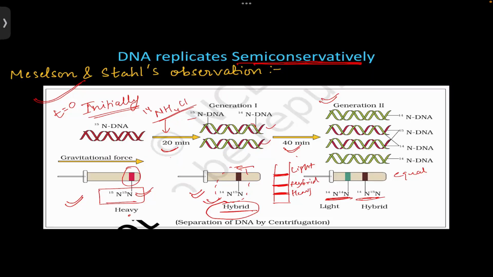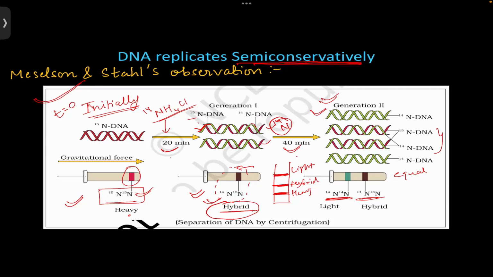If you imagine it, this green one is acting as a template, and since in the media there is still N14 isotope, the newly synthesized strand will have the N14 isotope in it. So we'll get a DNA double helix containing only N14.